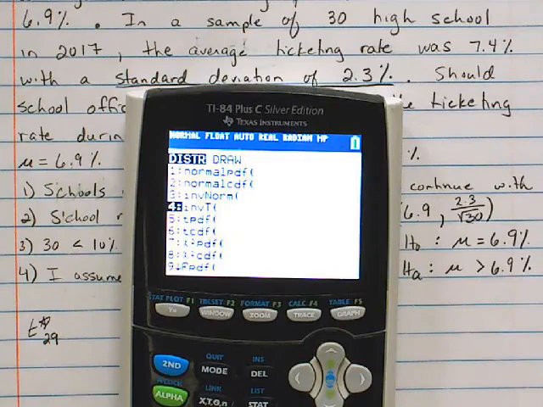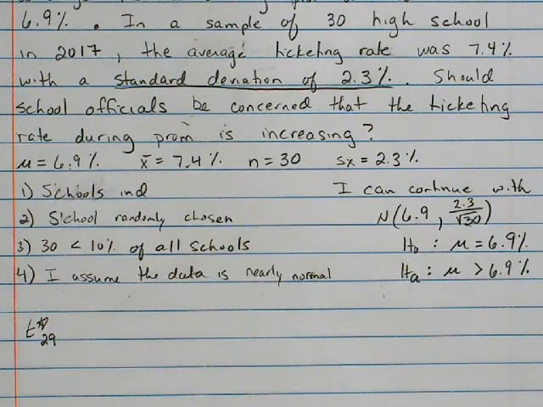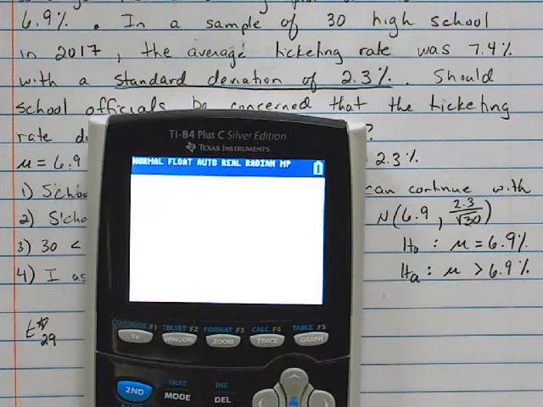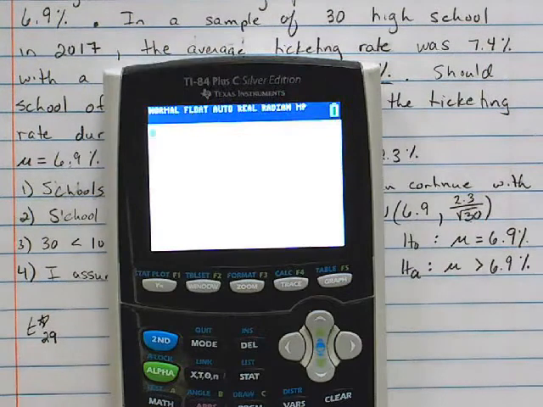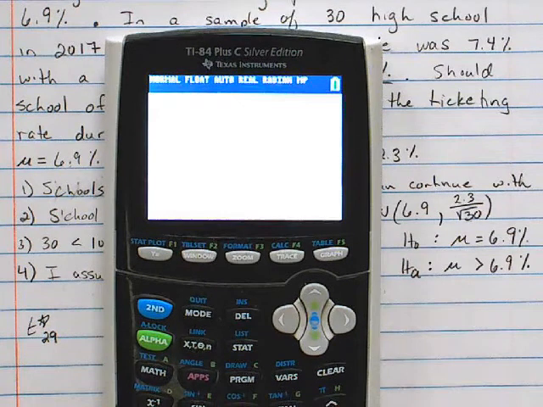I totally lost track of what I was doing. Okay, so for this part, I'm not going to show you the math. I'm just going to show you the calculator. And we'll talk about the math in class because it gets a little sticky. We're not going to find our t star for 29. We could look that up on our table, but instead I want to get to the calculation of the actual hypothesis test.